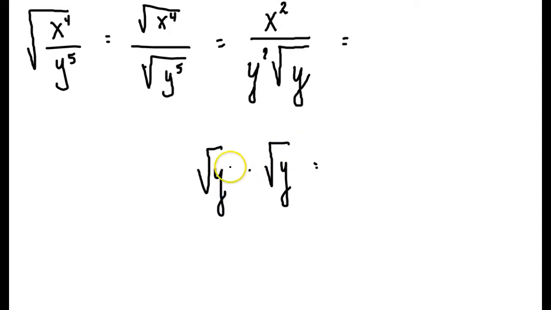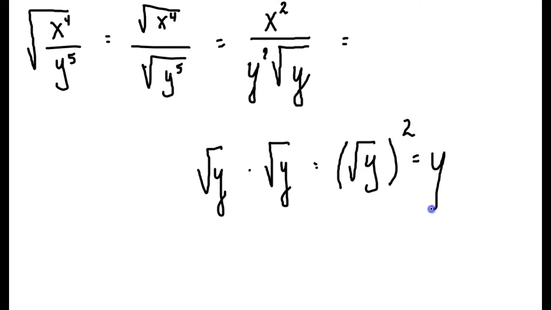If we do square root of y times square root of y, what happens is we get the square root of y, squared, right? And if we have a square root raised to a square, they basically cancel each other out because they're inverse operations. So then you're left with just a y.